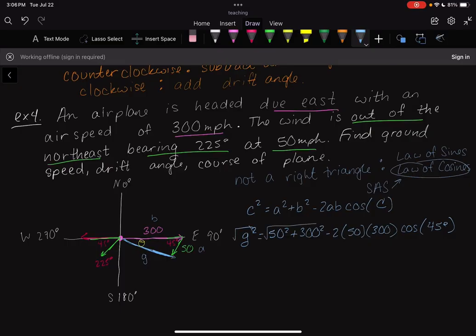Remember to take the square root, and we should get that g is approximately, and I'm going to go plug it in. So give me just a second. You can try to plug it in as well. I get 266.99587. So I'm just going to say 267.0 is my ground speed.